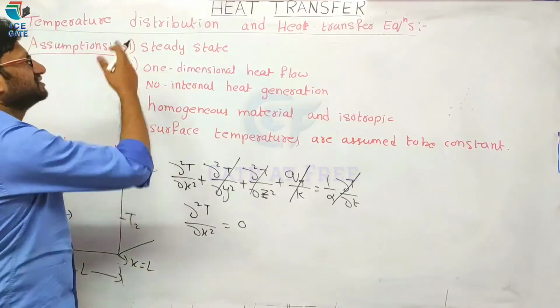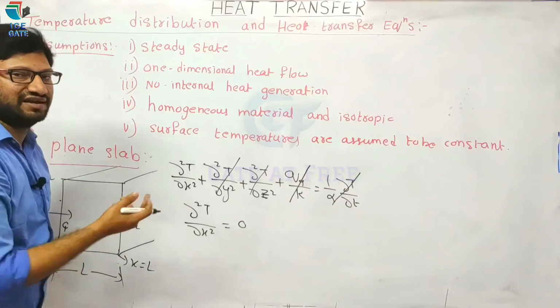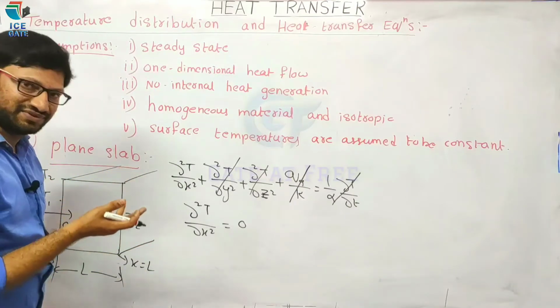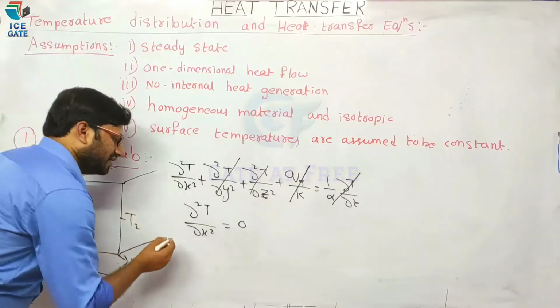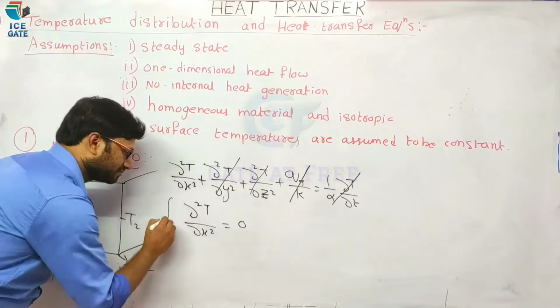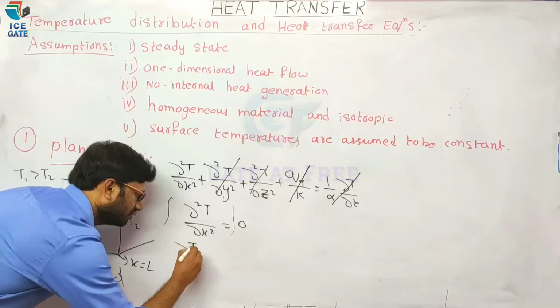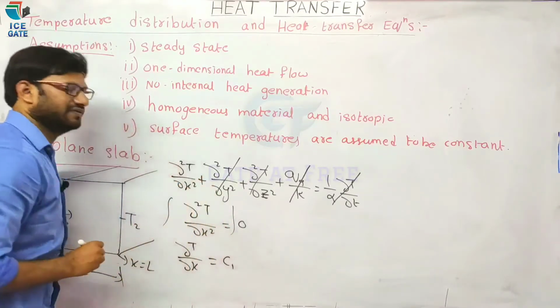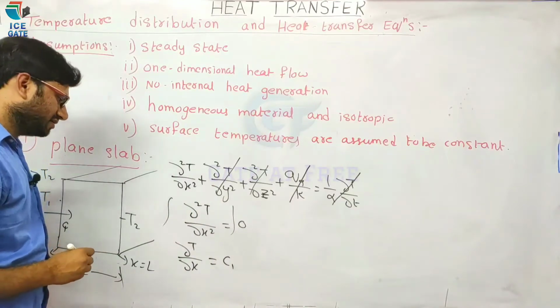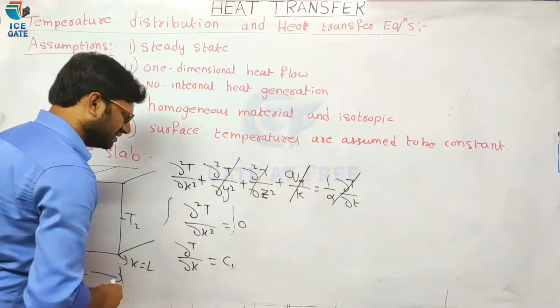Now to find out the temperature distribution function, first integrate and substitute boundary conditions, and we get the temperature distribution function. Now integrate on both sides. Now dou T by dou x is equal to C1. Okay. Now again integrate on both sides.